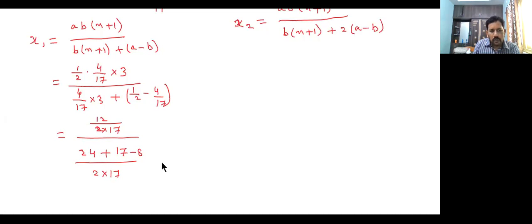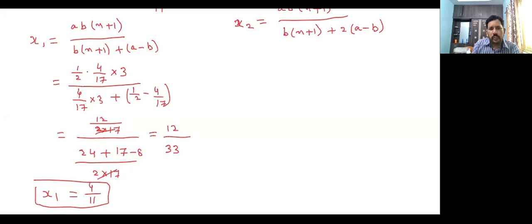Now the 2 into 17 cancels. Remaining is 12 by (17 minus 8) 9, 9 plus 24, 33. Now 3 4s are 12, 3 11s are 33. 4 by 11 is x1.